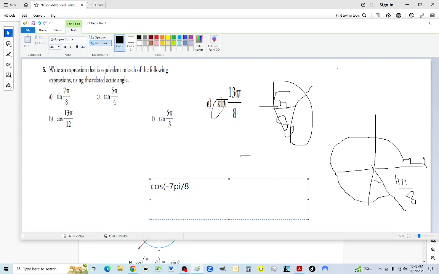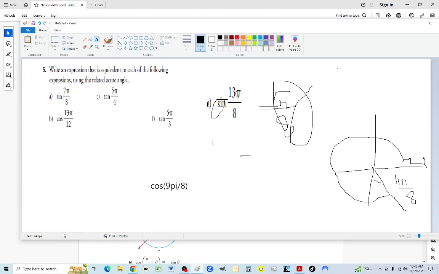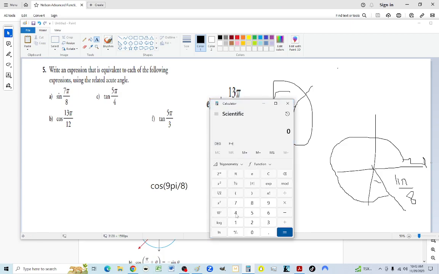If I go backwards, negative 7 pi over 8 almost reaches the other side. So it's going to be the same as 9 pi over 8 in the positive direction. That's a mind screw. Now, notice that both are going to be negatives. Let's just make sure I got it right. What's 13 pi over 8? 13 times pi divided by 8.